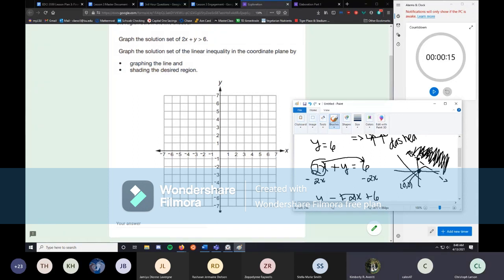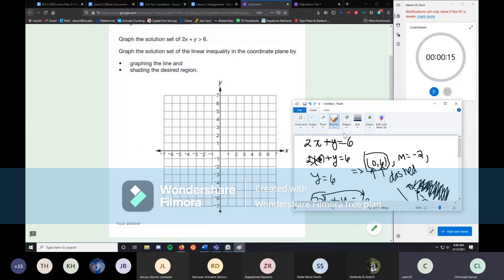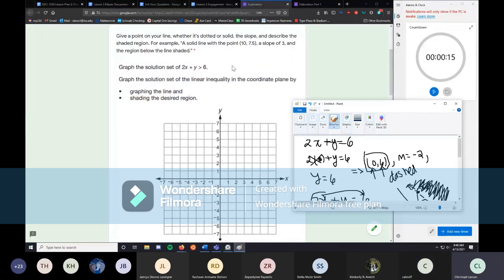So thank you, Madison and Raylis, for that. Okay. Yeah, so the full answer would be it's a dotted line or dashed, whatever, through the point (0, 6), with a slope of -2, and the region above the line or to the right of the line is shaded. I think both of those describe it pretty well.